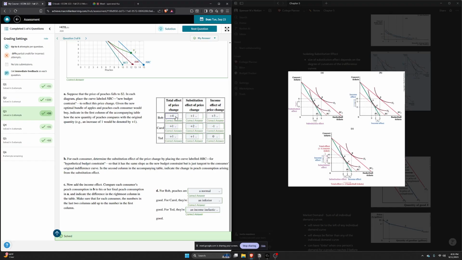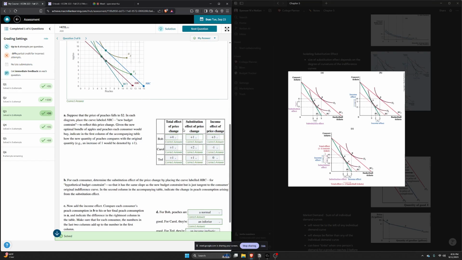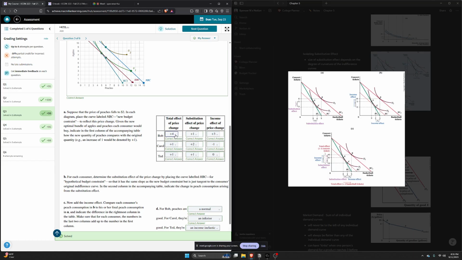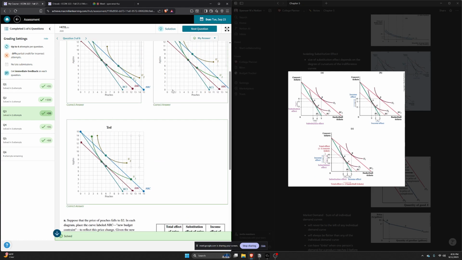And then from this, you can either find the difference here, or you can do it on the graph. Doesn't really matter. So you can say 4, or you have 1 from substitution. So what do I need? I need 3. And then I'm at +2, but that's too high, so I need a -1. Then I'm at 1, right where I need to be, so I don't need to do anything.